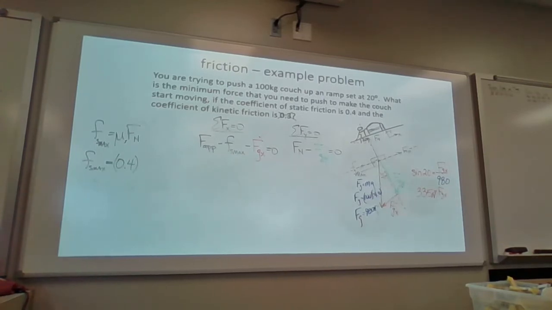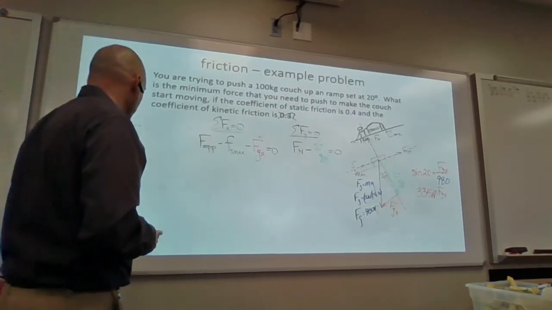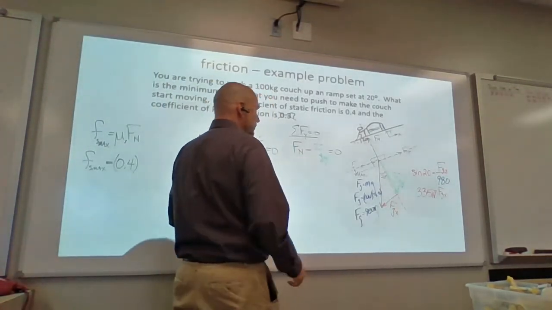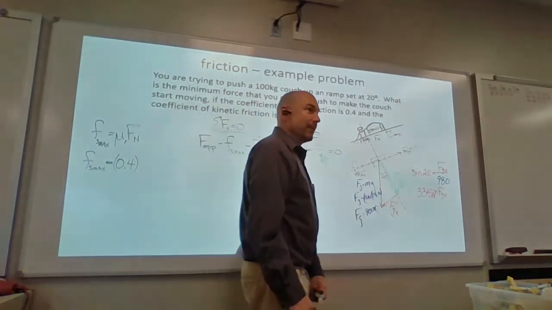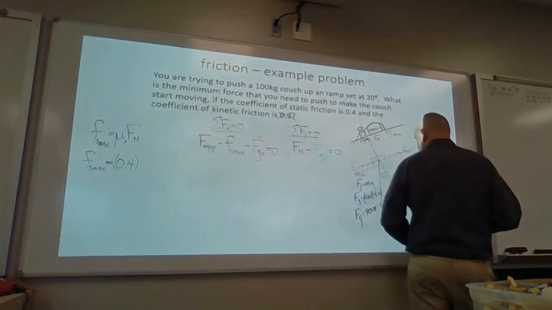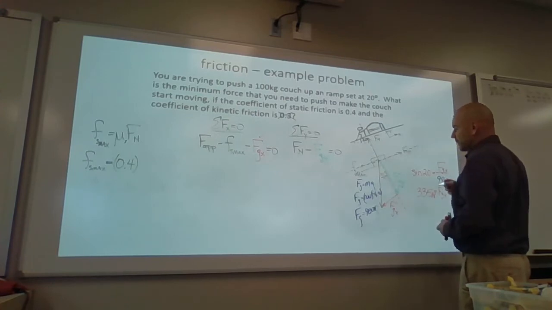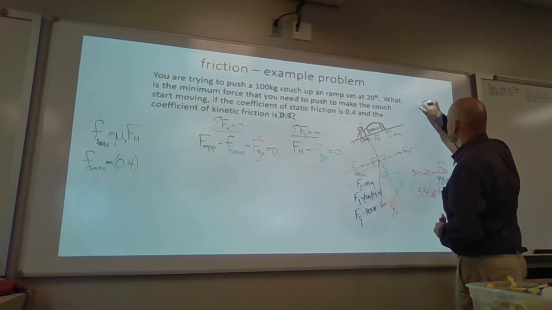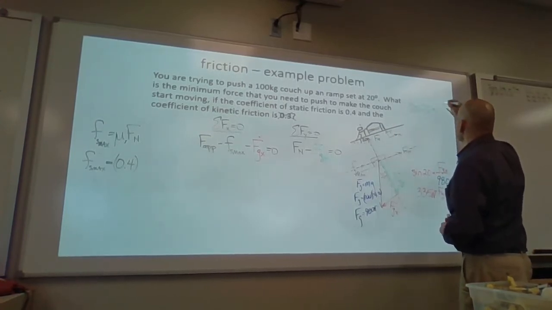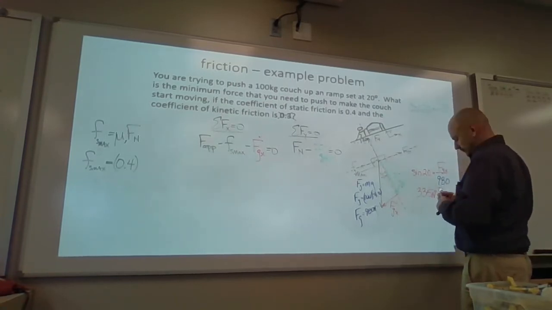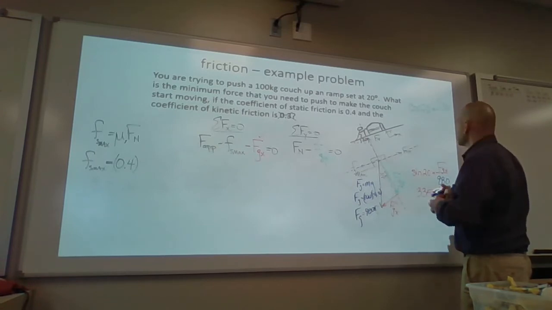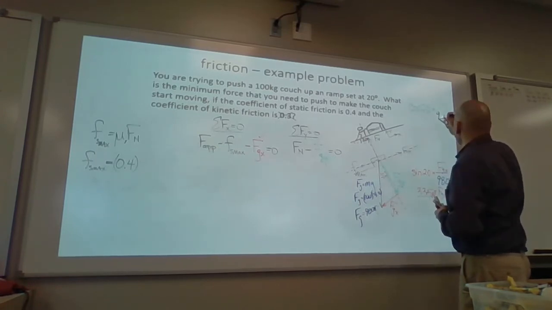Gotta be kidding me. Who makes you do these things? Normal force is not even equal to something easy either. What trig function am I going to use to find FGY? Cosine. So cosine 20 is equal to FGY over 980.